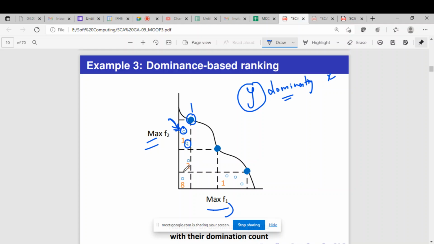Similarly, next if you see this individual, he is dominated by how many individuals? Is there nobody to his right and to his top? How many are towards his right and towards his top?